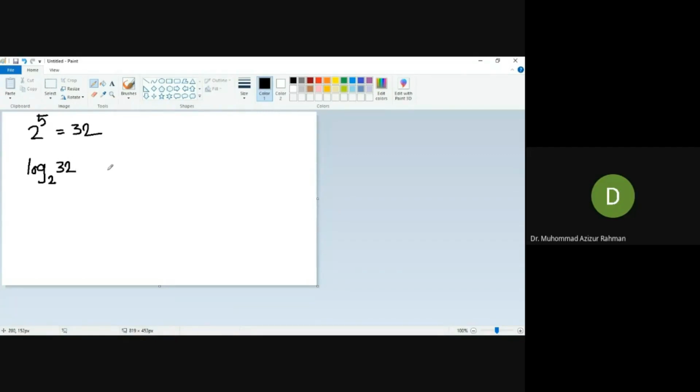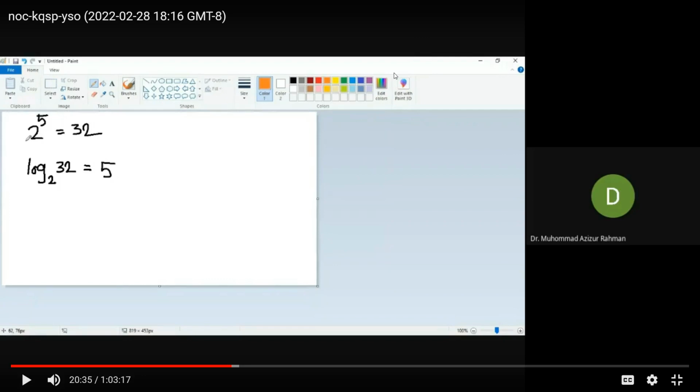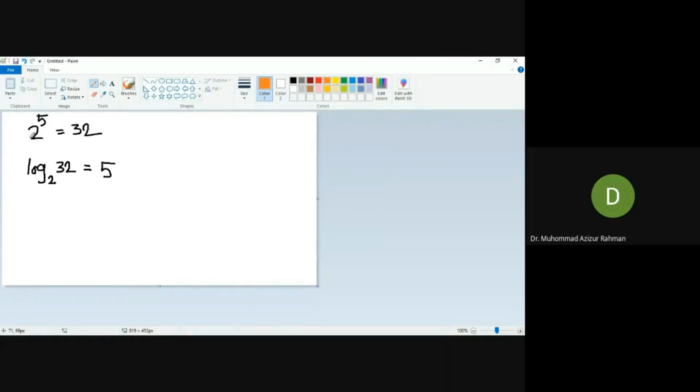So previously we said that 2 is the base, right? Yes, sir. So here is the base, 2 is the base, and here this is the power.